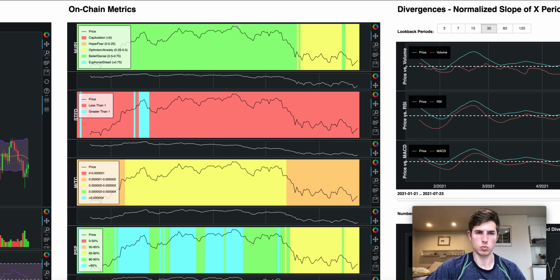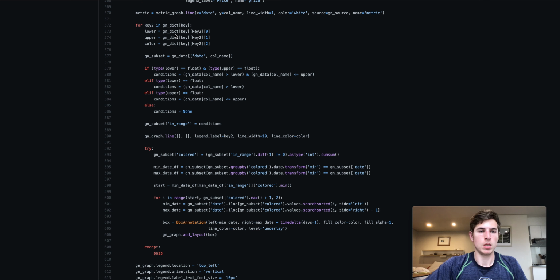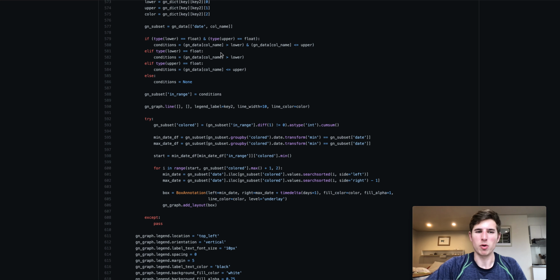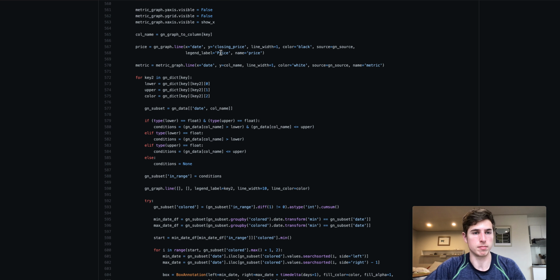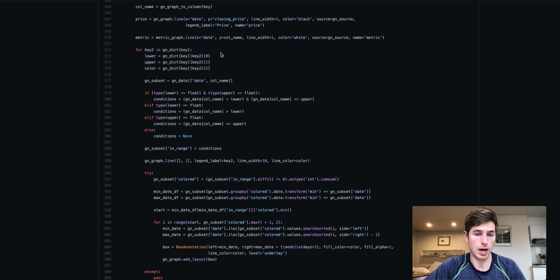So here, for instance, this one big green bar that you see is going to have a lower bound in terms of a date, an upper bound in terms of a date, and then what the color is going to be. And I won't get into the nitty-gritty of how that was calculated, but if you're trying to do something similar to this, you can take a look at this and you can reach out to me if you need to get any advice on how I went about it.